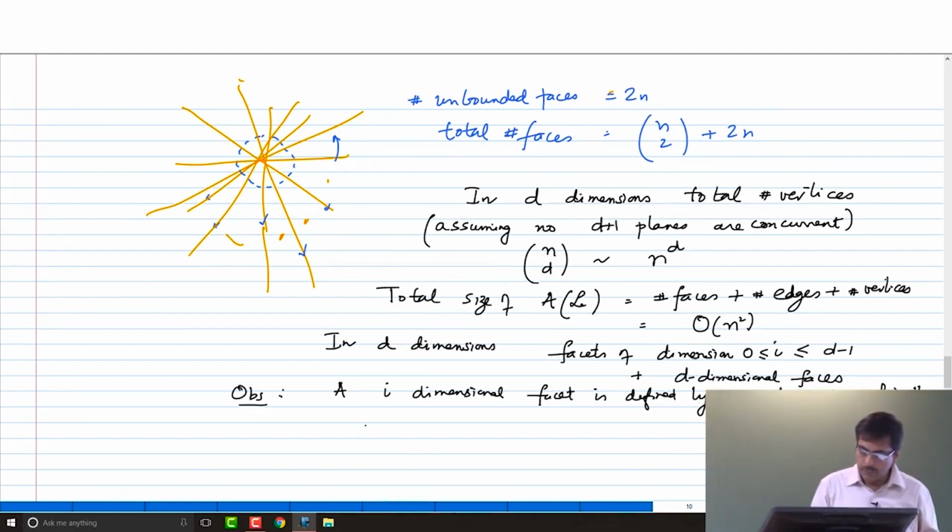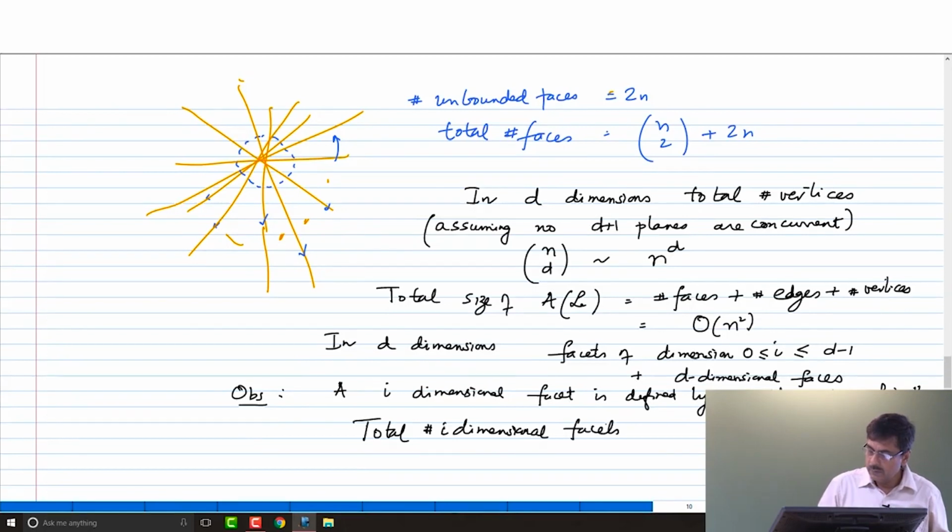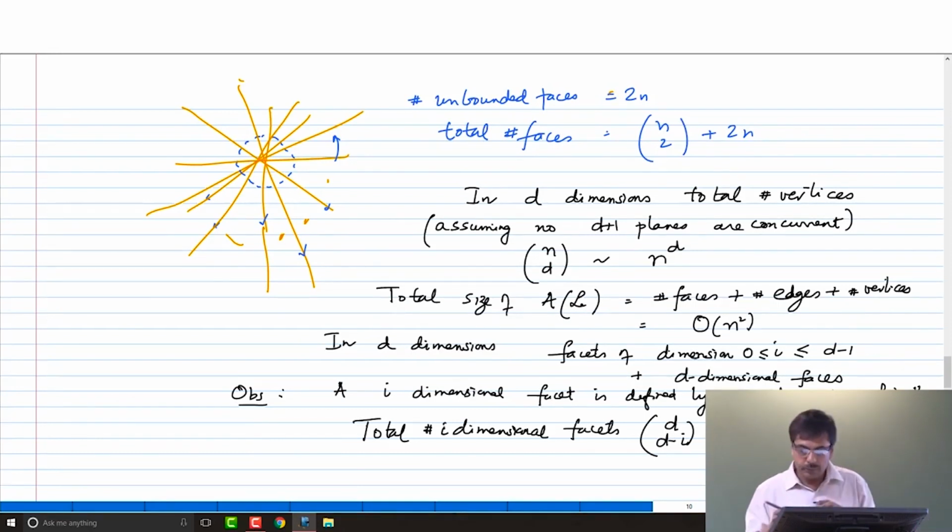So, you will have to basically do this. The total number of i dimensional facets is n choose d minus i, which implies that the summation over all i dimensional facets is the summation of n choose d minus i. Oh, just a moment, I am sorry.